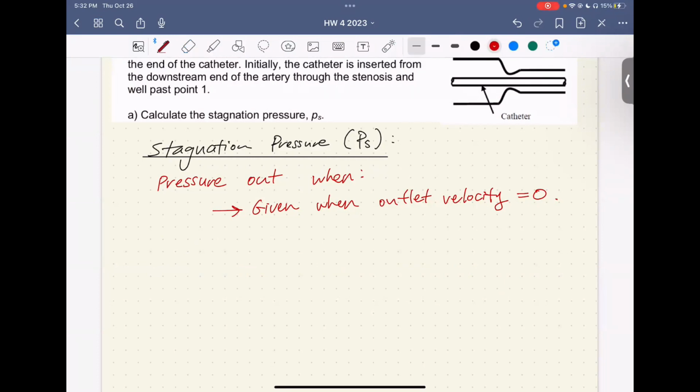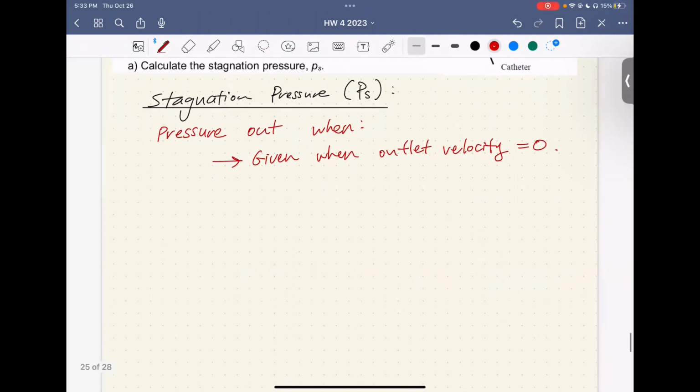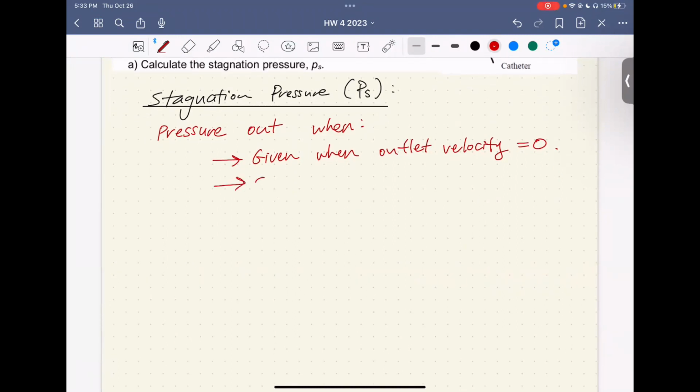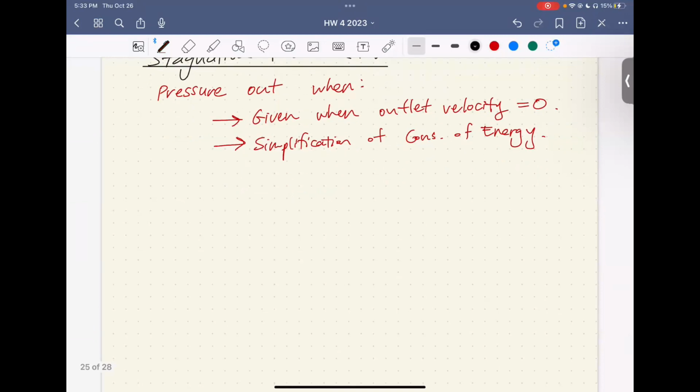So we're going to start by deriving the general formula for stagnation pressure. This is a simplification of conservation of energy. Okay, so let's get started. We're going to write out Bernoulli's equation. We're not going to write out the full conservation of energy because simplifying it from there takes a long time.